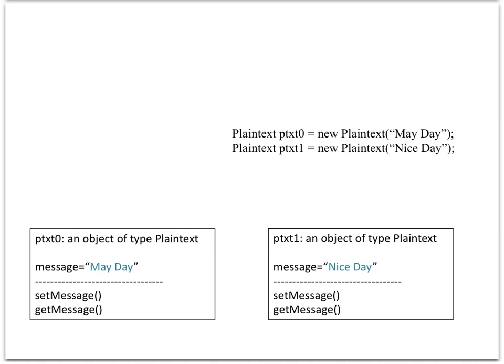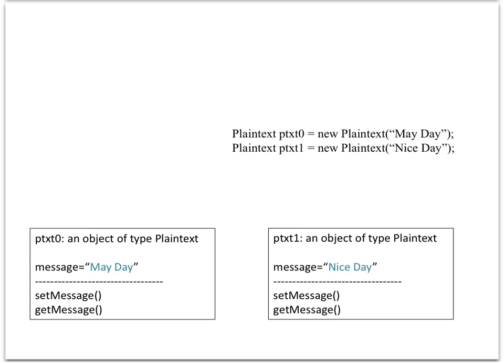Now as you can see, we are creating 2 objects. One is ptxt0, another is ptxt1, and these are 2 different objects. Although they are from the same class, they are 2 different instances in the memory. So this one is the first instance, and this one is the second instance, and they don't touch each other.